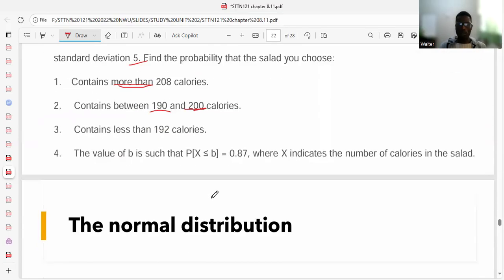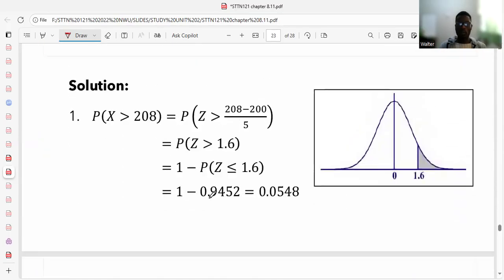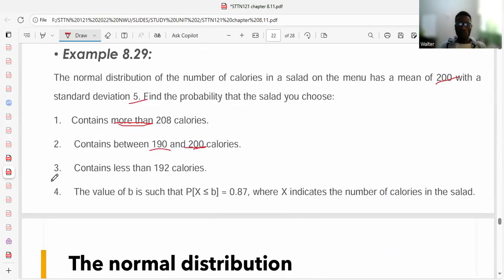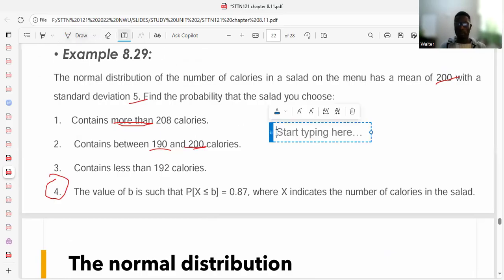And then what's the other one? Okay, I think most students have a problem with this. Look at this one. I just want to show you guys something.